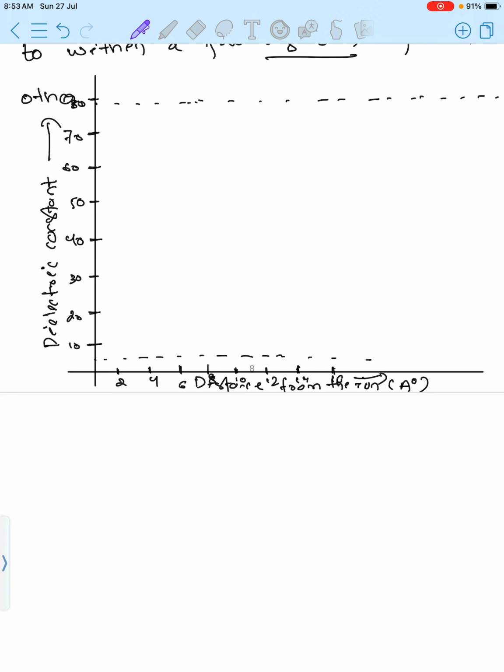Okay, so let us take another pen. Now when the value is around 2, when the solvent molecule is present very near, obviously the dielectric constant will be very small. But as we move far away, the solvent molecules will be far away from the ion, then what will happen? The dielectric constant value will increase.